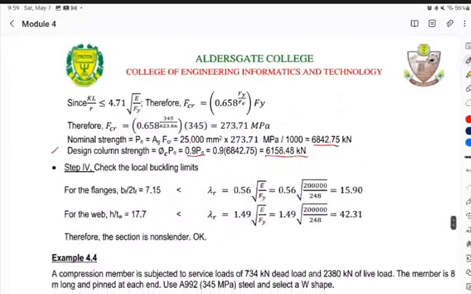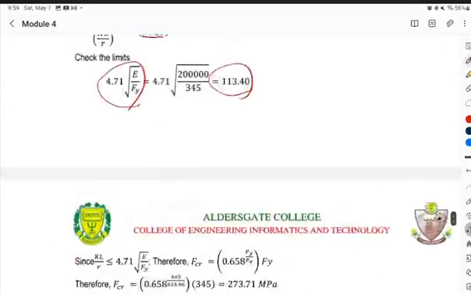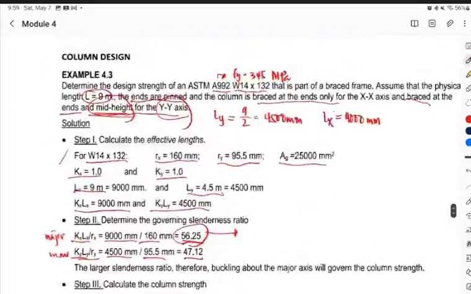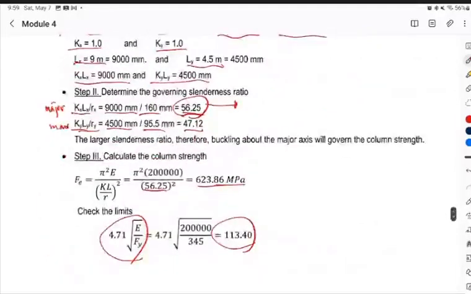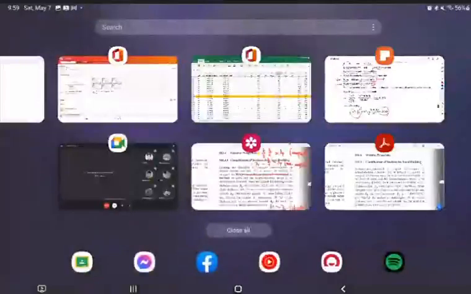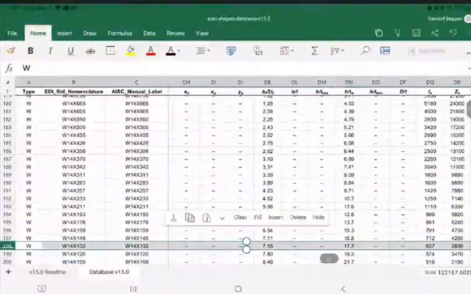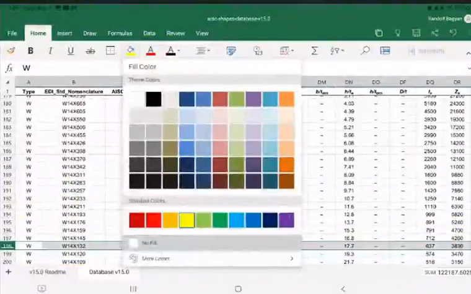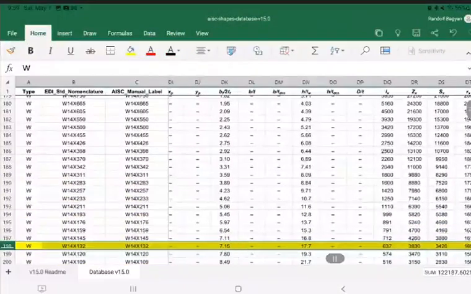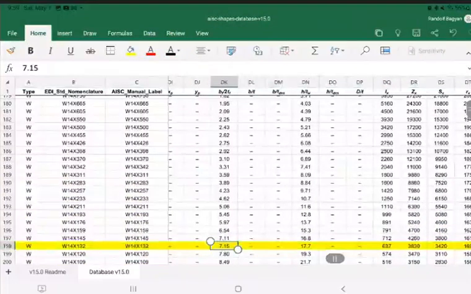Okay, yun ba talaga yung mag-govern? We have to check. Our bf over twice thickness of the flange is 7.15. Remember, our section is W14 by 132. Okay, lagi naman natin yan makahanap class sa section database, yung mga bf over twice the thickness of the flange, that's 7.15 and 17.7.